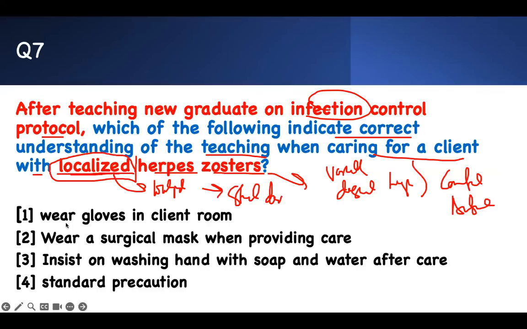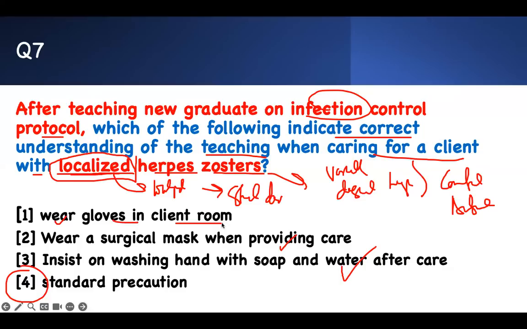If it's standard, wear gloves in client's room. Why do you want to do that? Wear surgical mask when providing care. Why do you want to do that? Insist on washing your hand with soap and water. That is no contact. He institutes standard precaution to ensure. Somebody will say, well, I can wear gloves in the client room. There's no need, unless you're going to touch the patient.